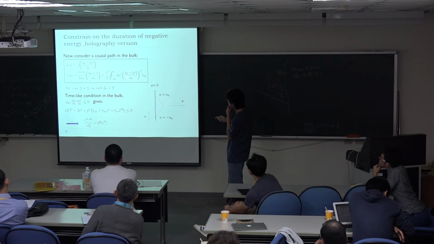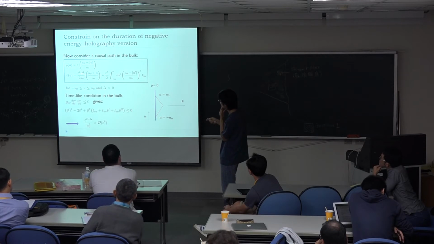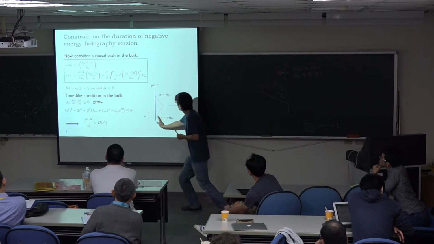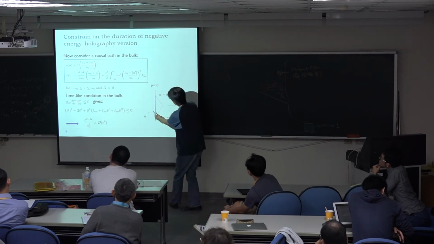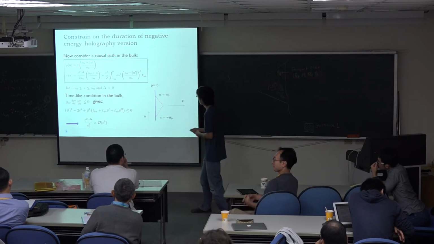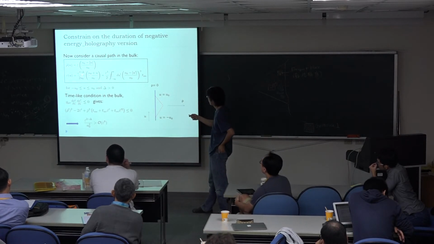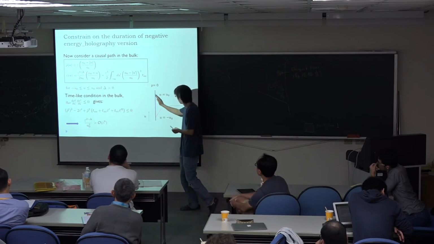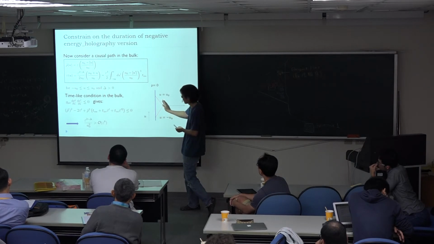So we choose this particular path. You can see here, we need epsilon to be small. I mean, we want this path to be very close to the light cone. So this would be a light-cone direction, and this is the path that goes into the bulk. And this epsilon and delta are chosen to make the bulk path time-like.